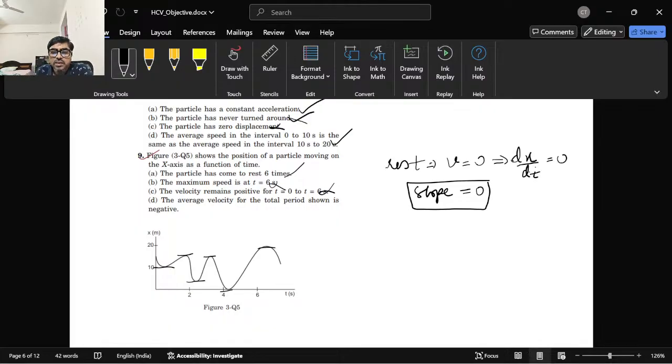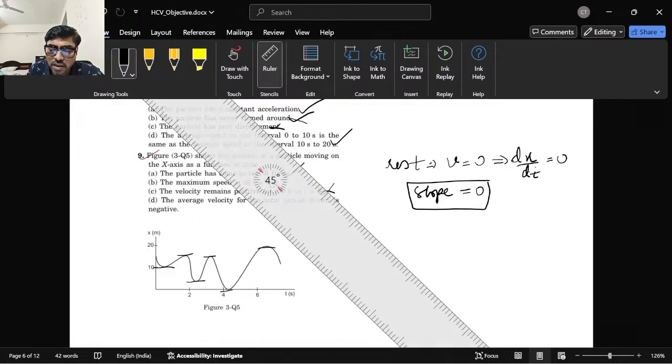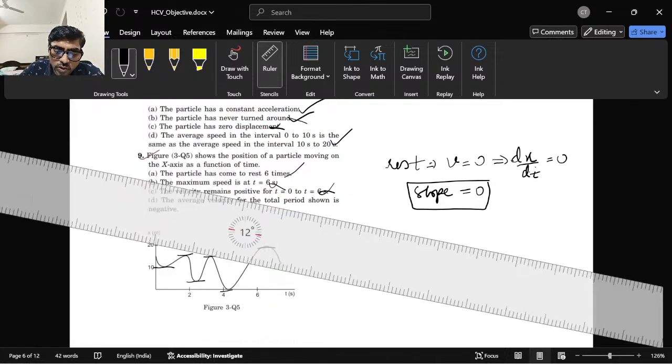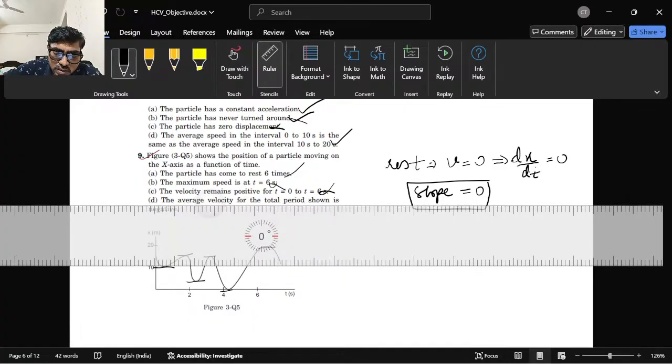Okay. The average velocity for the total period is negative. Oh, negative is it? I need to check that. So, how do I tell? Do I have a scale here? Can I turn it? Is it possible to turn, sir? Okay, possible to turn.